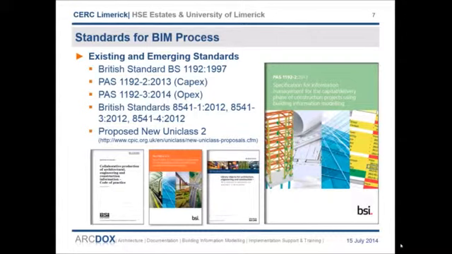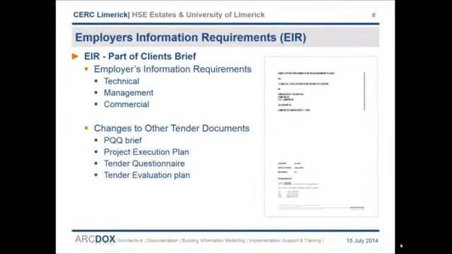The process set out is in accordance with PAS 1192 Part 2, 2013, Specification for Information Management for the Capital Delivery Phase of Construction Projects using Building Information Modelling or BIM. It is recommended that all participants read and understand this standard. According to this process, an employer's information document has been provided which sets out the client's requirements for BIM.